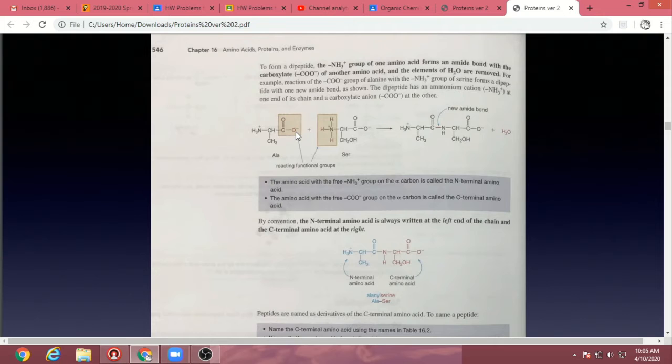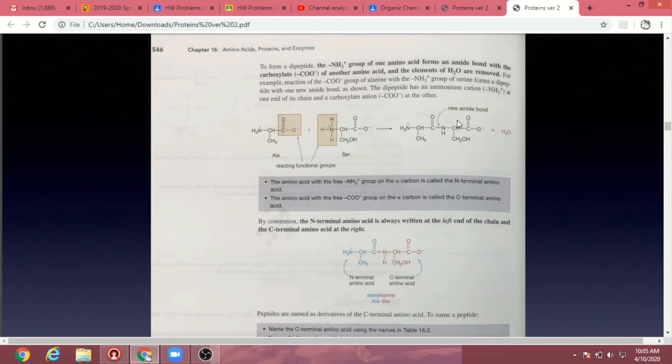But that H, when these are by themselves, in, say, a neutral pH solution, the acidic hydrogen will come over here and protonate, that's what we call it, protonate the amine group. And so you actually have a positive charge and a negative charge. Remember the zwitterion?